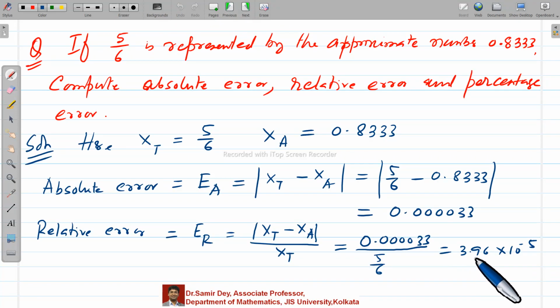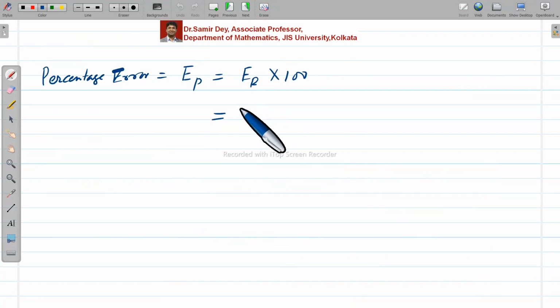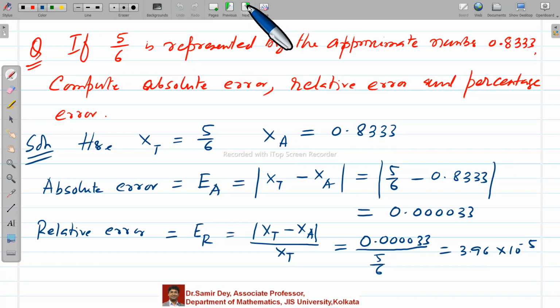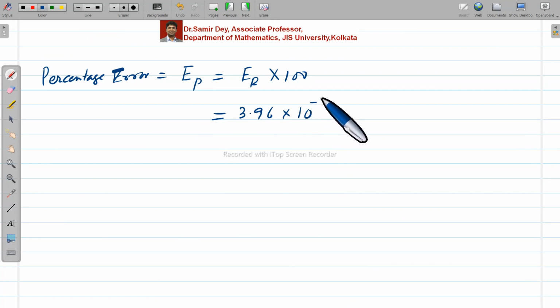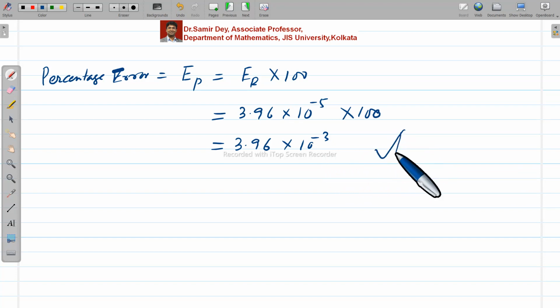Here you have 3.96 into 10 to the power minus 5, into 100. If I multiply, your answer will be 3.96 into 10 to the power minus 3. Here you have 5 and here a double digit, so you should balance it. This will be the answer for you.